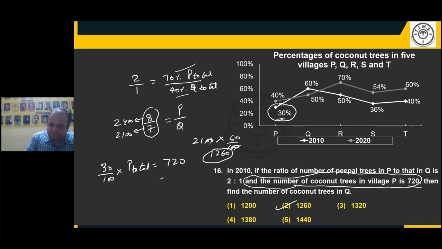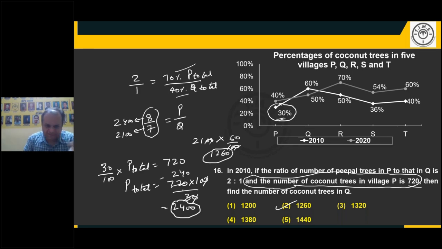So 30% of P ka total trees is 720, which means P total trees will be 720 into 100 upon 30. If we calculate this, we get 240 into 10, that is 2,400. Is this calculation clear? Sir, I just took a shortcut and put the value as 2400. Now it is clear.